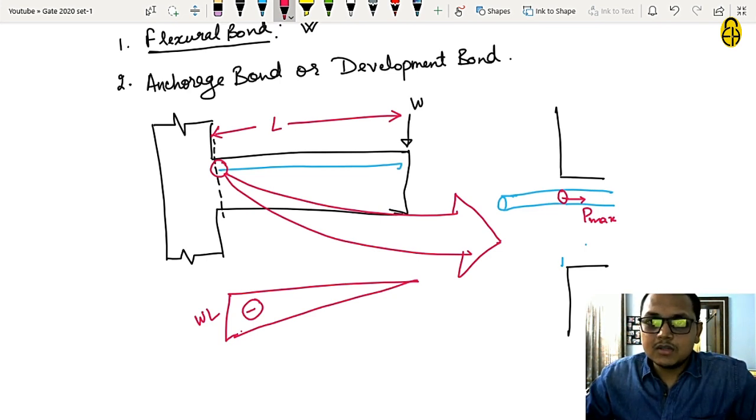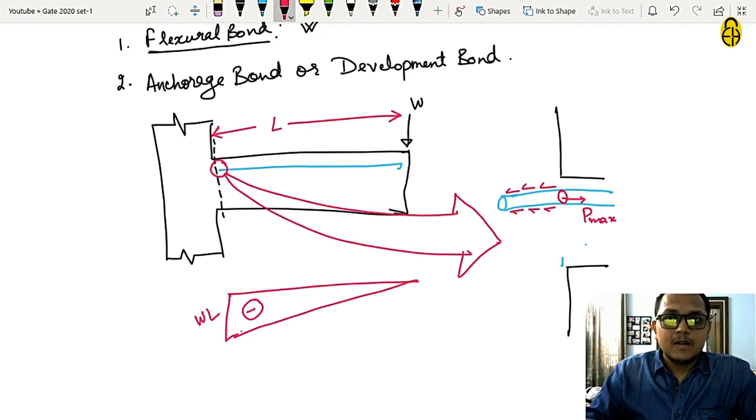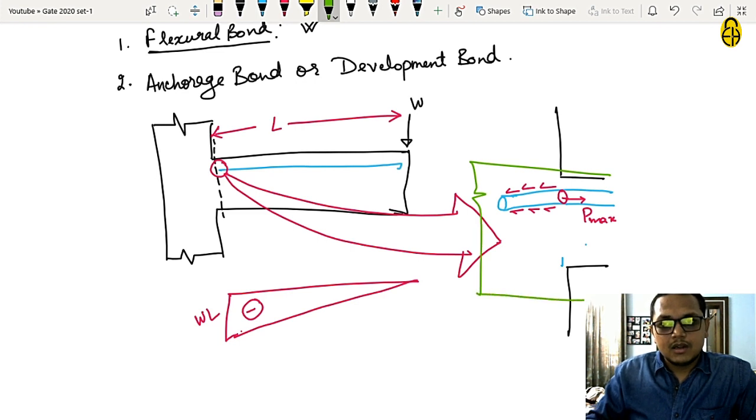So this maximum stress will be resisted by the bond resistance offered by the development bar that is embedded into the concrete. And this same case and this same question has been asked in the GATE 2020. Just take this much portion of the column and you will get your question.